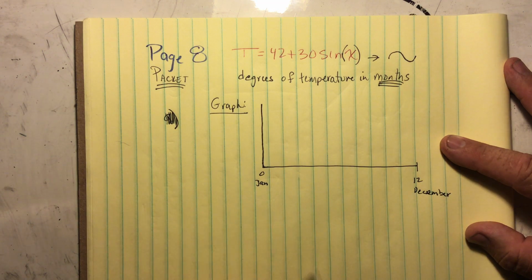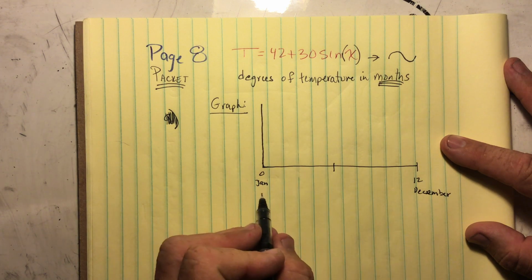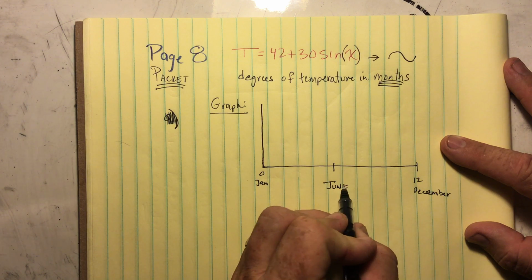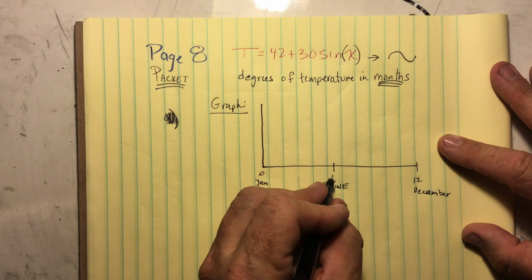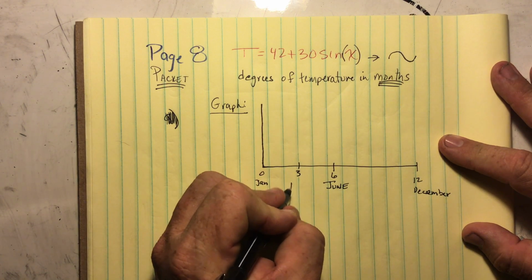And then I also know that I have the middle, which is going to be June. That's the 6th month. And then the 3rd month will be March.